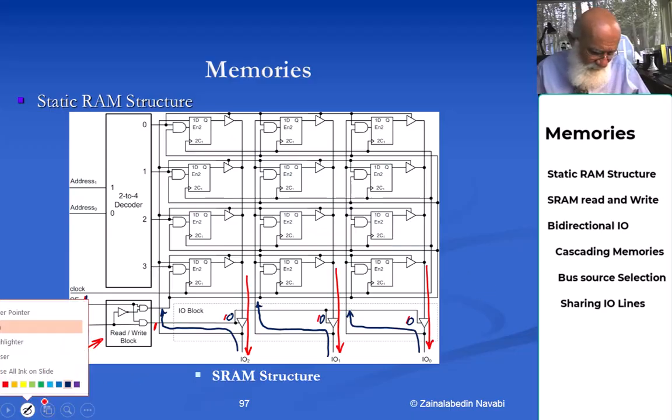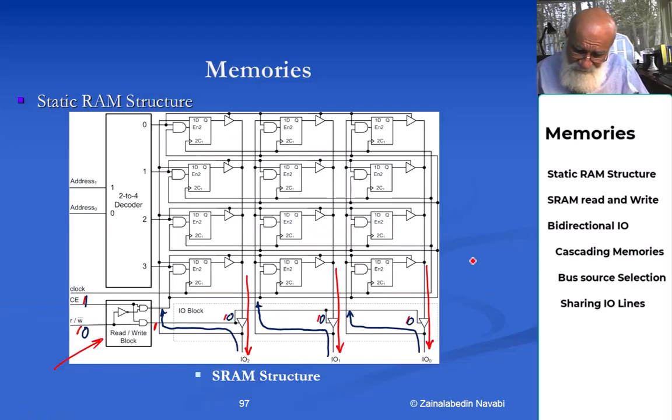Alright, so what you are really seeing on this side here, let me just show it as a separate line here. Let me also use the same direction. So this is inside of the memory.